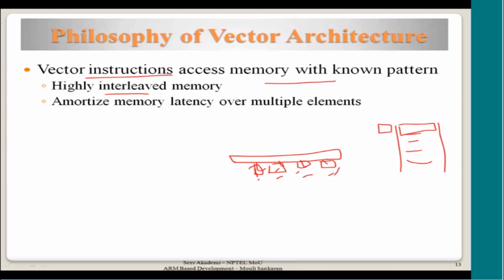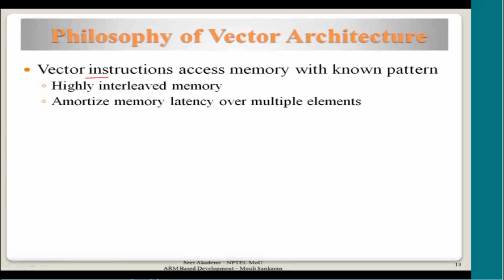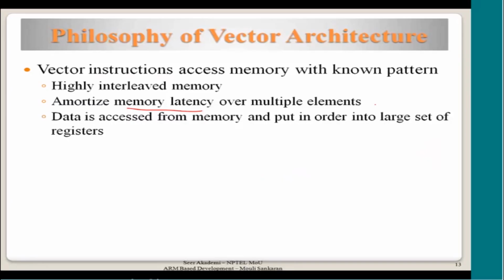Especially in a vector processor, we need multiple data to be fed to the processors. So we need an interleaved memory to feed the processor with faster data, and the memory latency is amortized over multiple elements because we are accessing multiple elements at the same time.